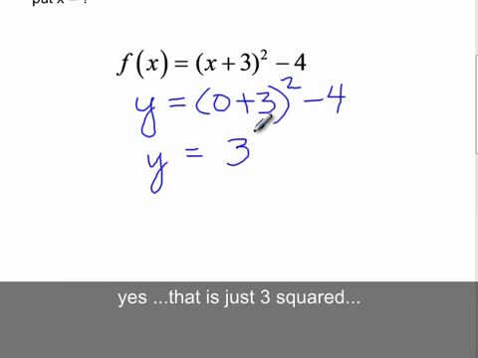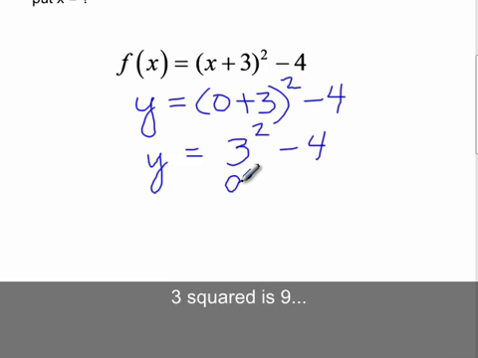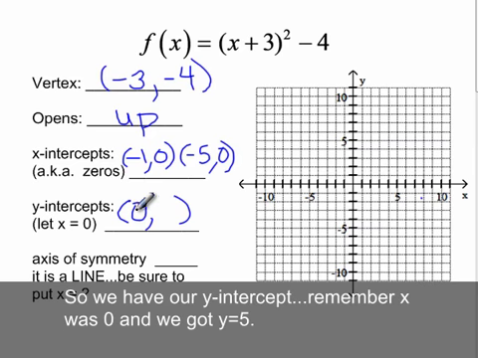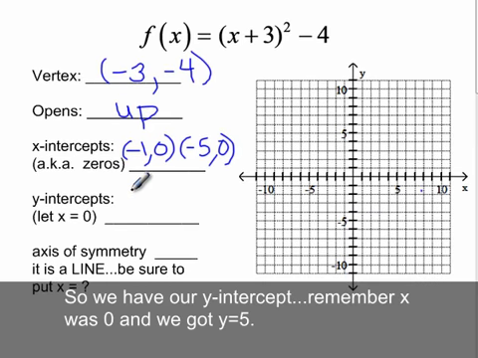Yes, that is just 3 squared. 3 squared is 9. So y is equal to 5. Okay, so when we let x equal 0, we have our y-intercept: x was 0, and we got y was 5.